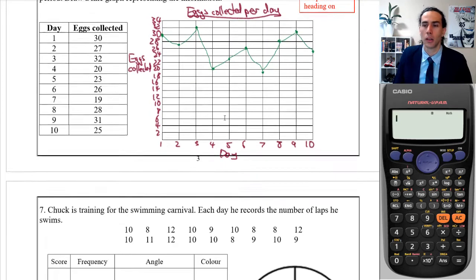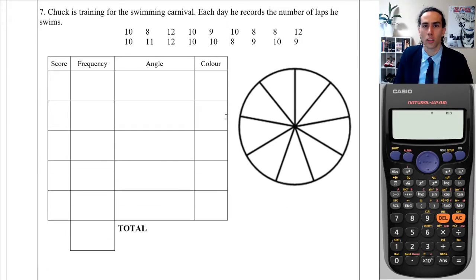Oh. All right, chuck. Training from Swimming Carnival. To blue. Smallest one is 8. How many we got? No tally this time. Just 1, 2, 3, 4 of them. 9.